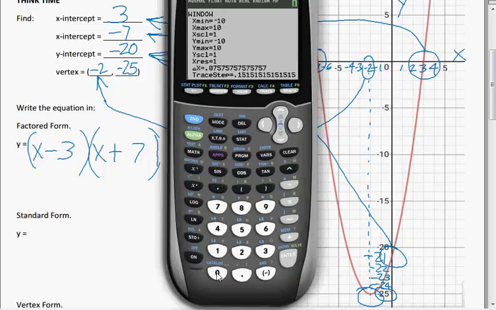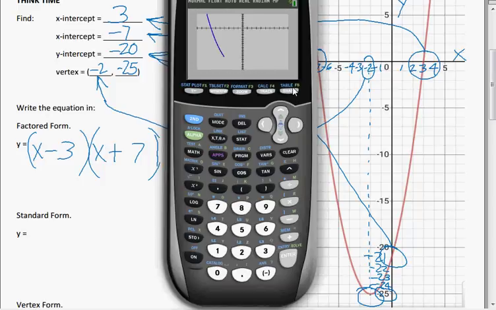My y value is what I need to change. So I come down, I push the down arrow, this button here, and y min needs to be negative, let's say -30. Now I go back to the graph, and I see more of the graph now.